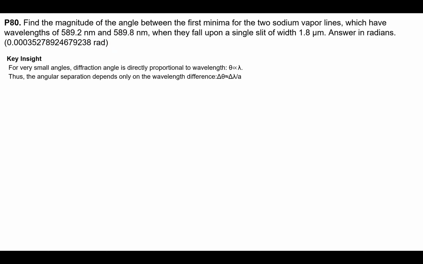Okay, and then find the magnitude of the angle between the first minima for the two sodium vapor lines, so we have lambda 1 and lambda 2. When they fall upon a single slit, it is diffraction, but we need to find the separation of the minimum for different wavelengths. Theta is proportional to lambda, and delta theta, the angle difference, is proportional to delta lambda over a.